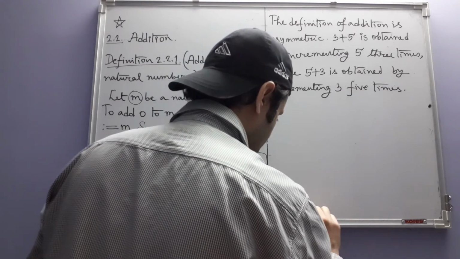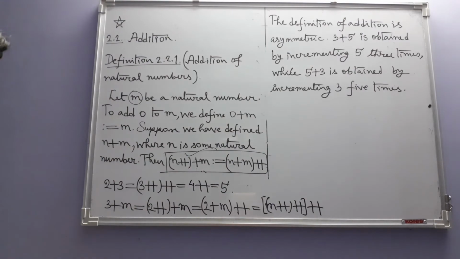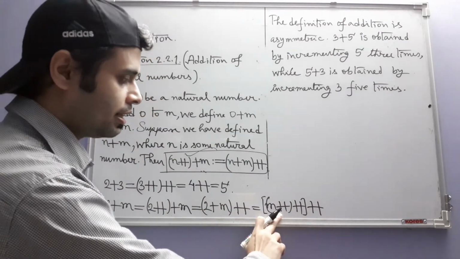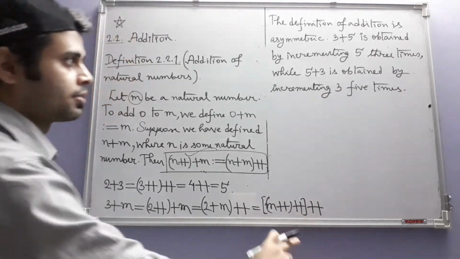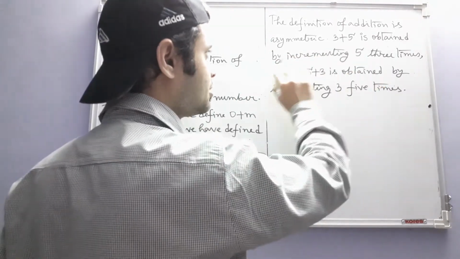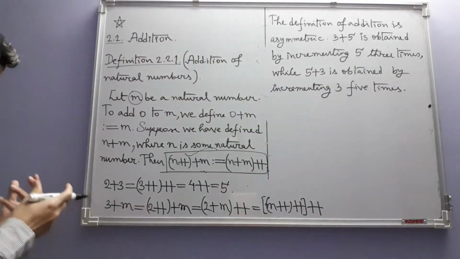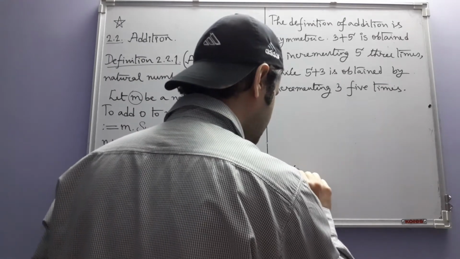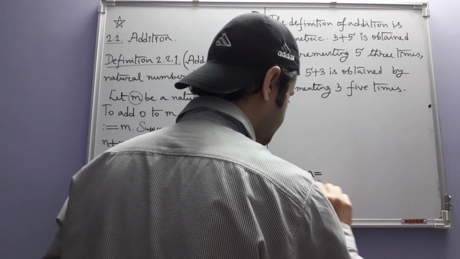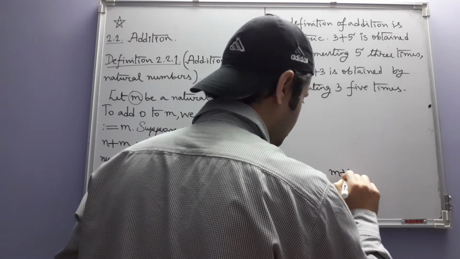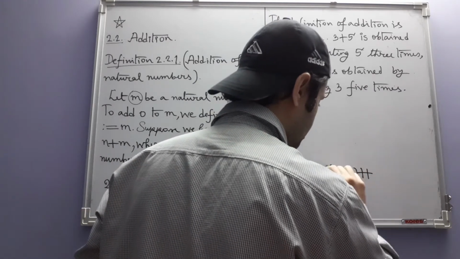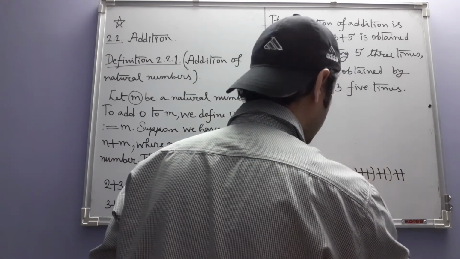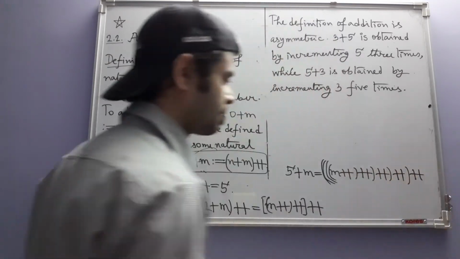So adding 3 to m means incrementing m 3 times, once, twice, thrice. So adding 3 to 5 means incrementing 5 3 times. You can see that if we extend this, then 5 plus m will be this. You increment once, twice, 3 times, 4 times, 5 times.